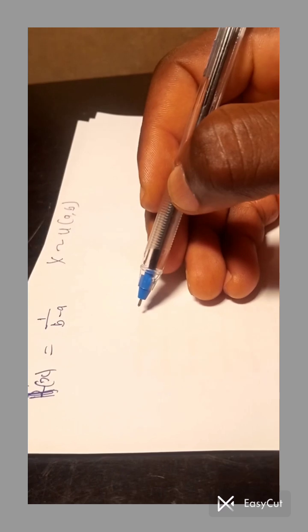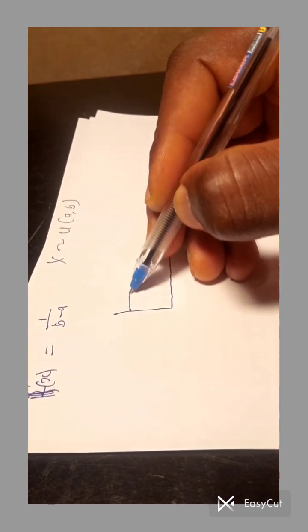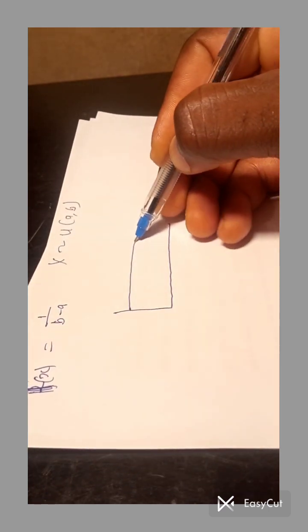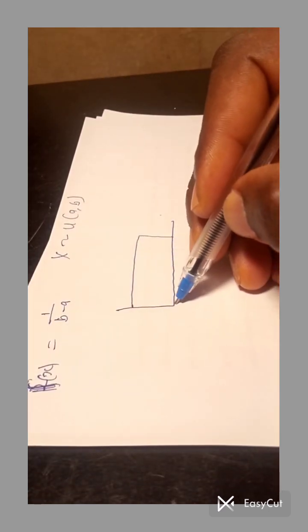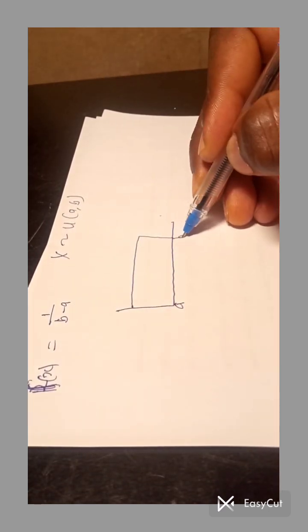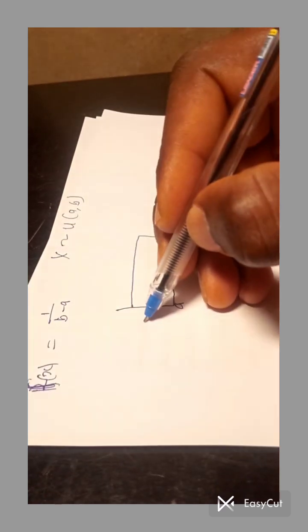So we know that another name for uniform distribution is a rectangular distribution. So showing the diagram here, we know that it looks like this. So if we go from here down to this place, we know that a is somewhere here and b is here, and f of x is somewhere around here.